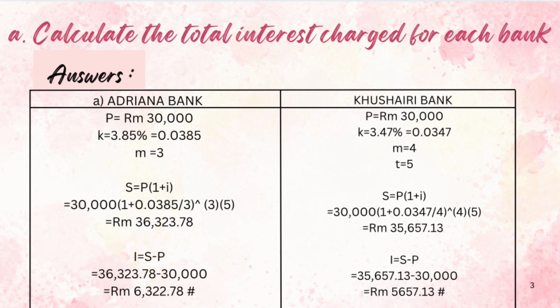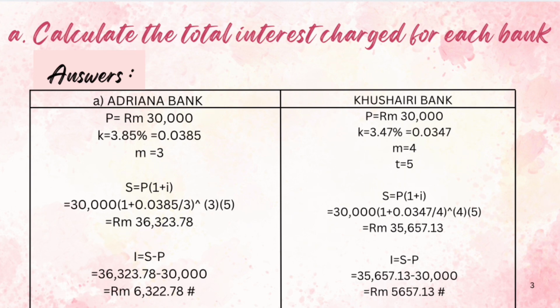After that, we need to find the interest charge. I equals S minus P, which is 36,323.78 minus 30,000. So for Adriana Bank, the total interest we will get is 6,323.78. We will do the same thing with Koshari Bank. After we calculate all the information, we will get the total as 35,657.13.